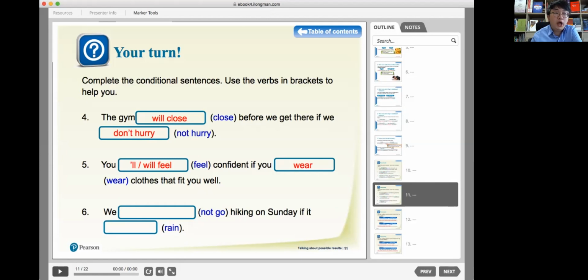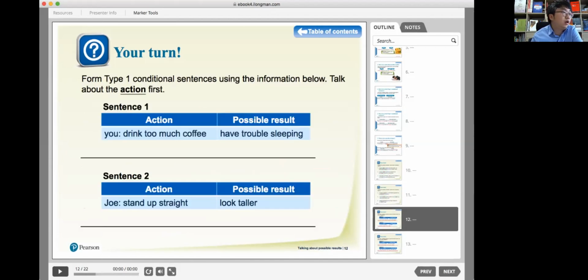Number 6, main clause, we will not go, or we won't go, hiking on Sunday if it rains. If it rains, simple present tense. Rains. All right.